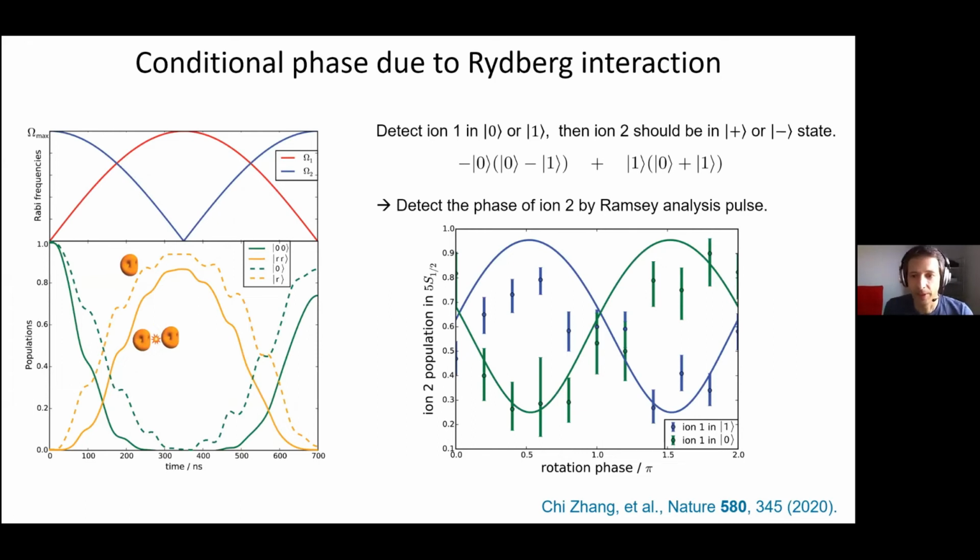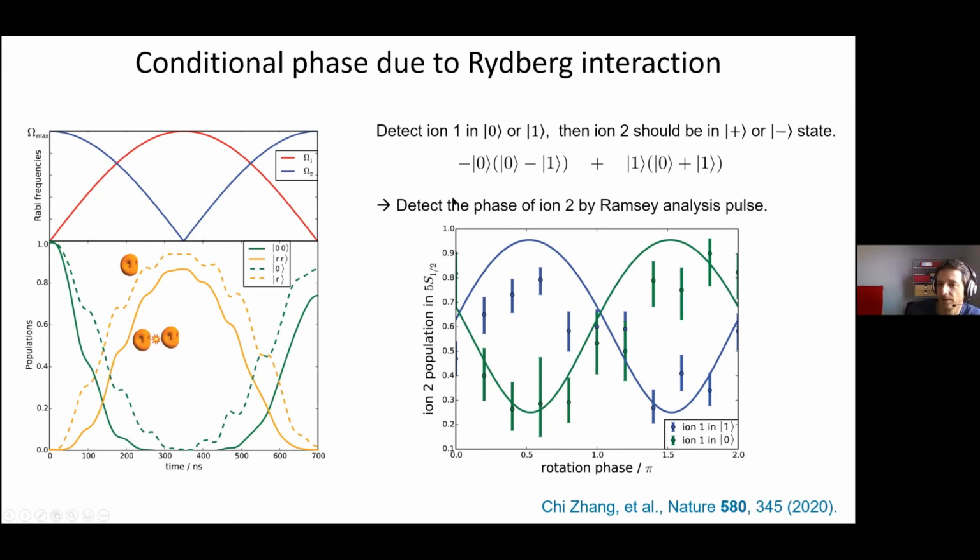Okay, so we apply such a gate on an equal superposition of 0 and 1 for both of the ions. So we start in (0+1) times (0+1). If we then apply this gate, the 0,0 will get a minus 1.